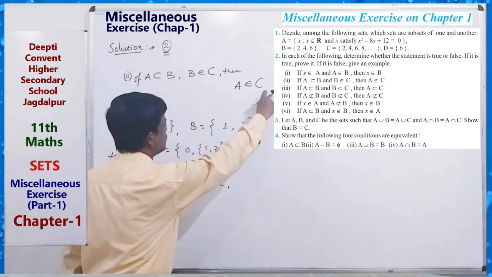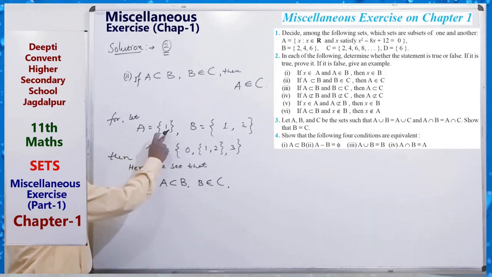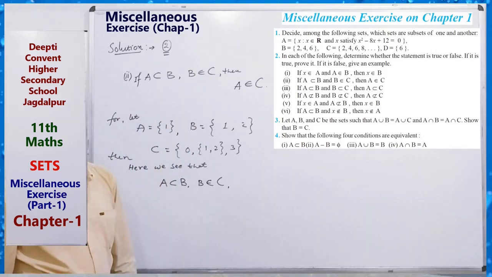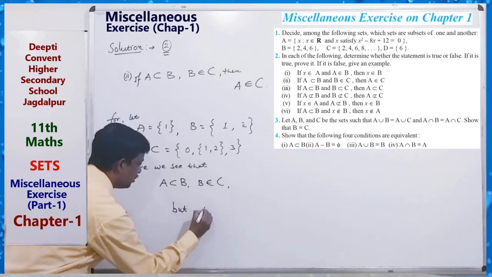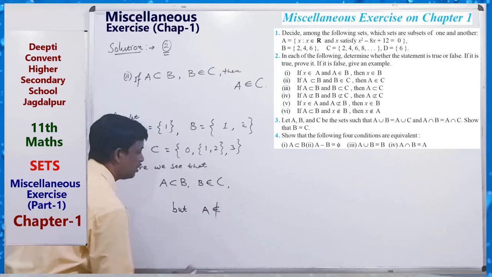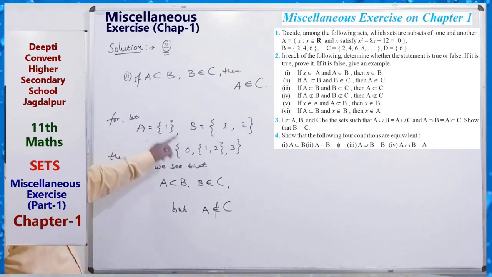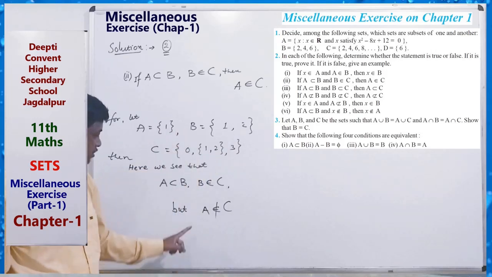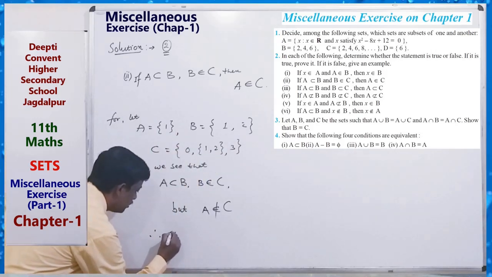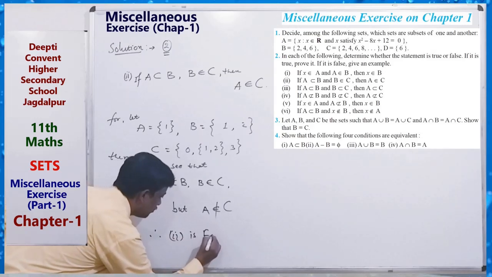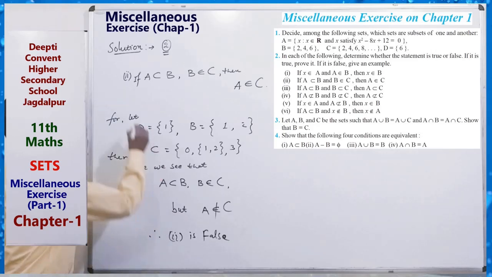A belongs to C? 1 does not belong to C. So A does not belong to C. So false. Therefore it is false. Okay, false.